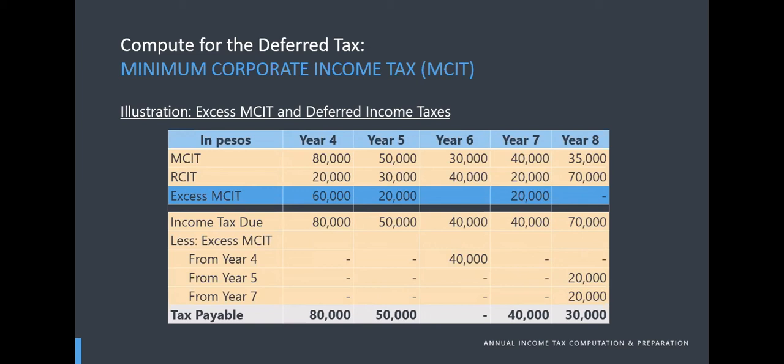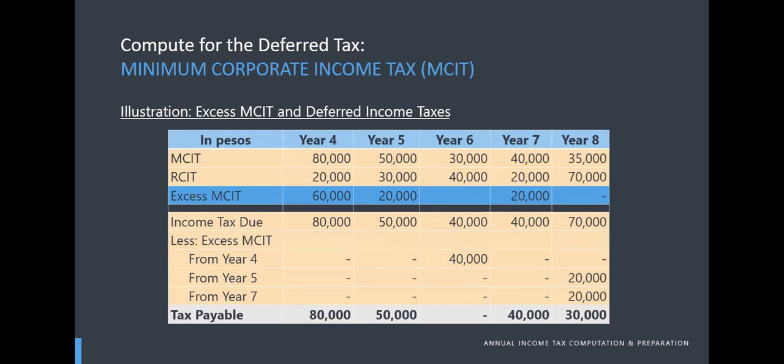So the following items could be noted in this example. Number 1, excess MCIT cannot be credited to MCIT. Second, the remaining 20,000 of year 4 excess MCIT has already expired.